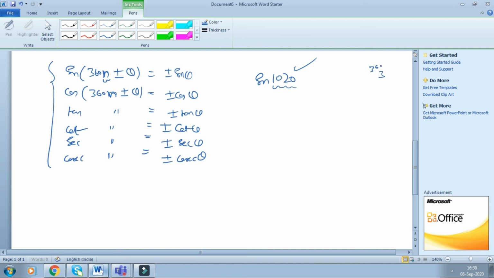So 360 into 3 is how much? 1080. We need 1020, so in this case we have to subtract, because 1080 is bigger than 1020. How much is the difference? 60.